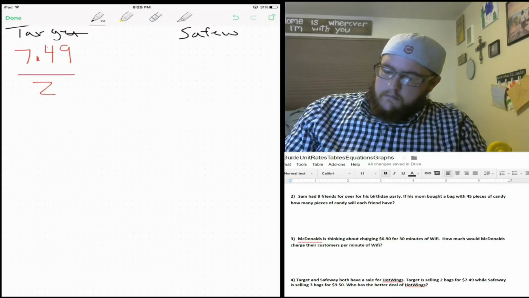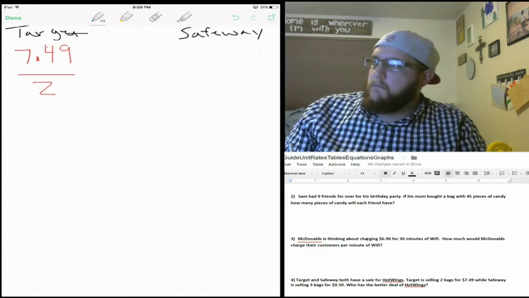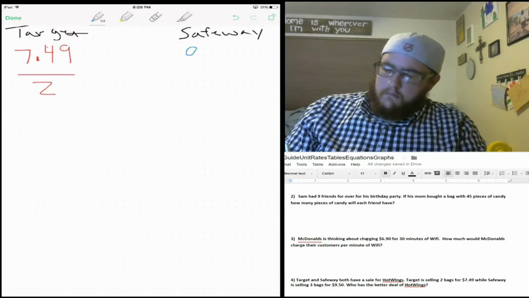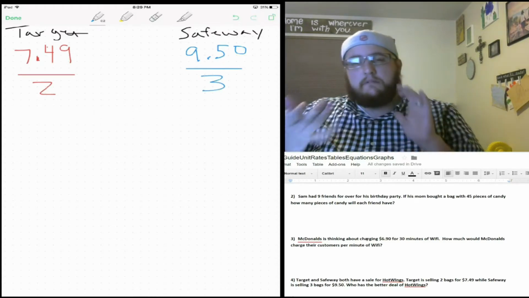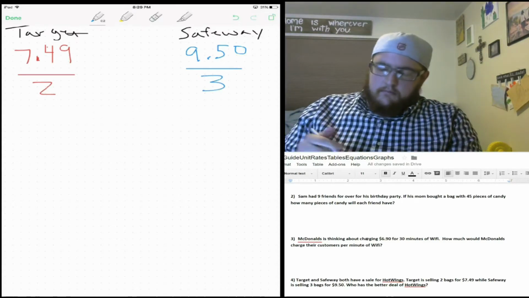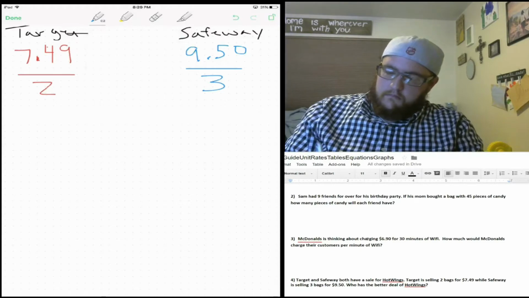And here on the right, I'll do the math for Safeway. And if I look again, Safeway is selling us $9.50 for 3 bags. That's the Safeway deal.